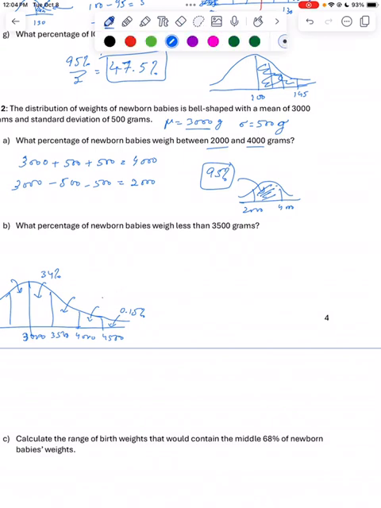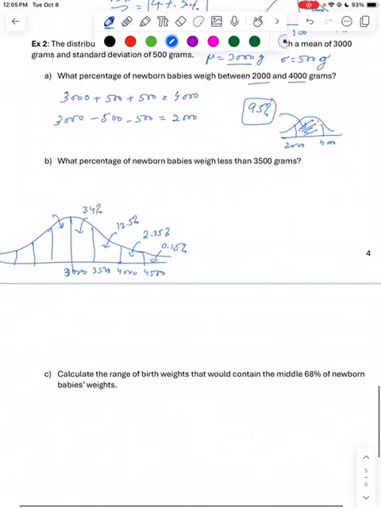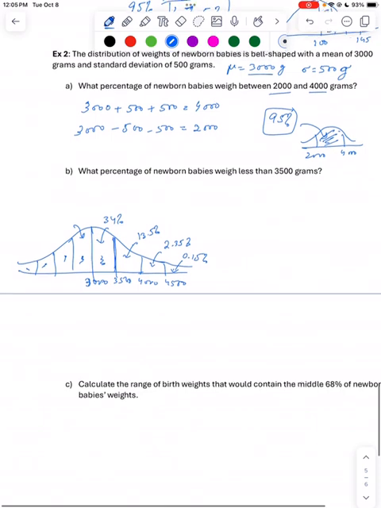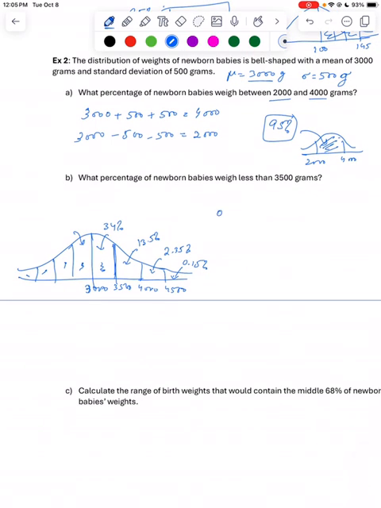Then you can answer them directly. So because they're asking for less than 3,500, 3,500 is over here. So if we are talking about all these areas, if you have to add up all these numbers, it will be 0.15 plus 0.2 plus 2.35 plus 13.5 plus 34.